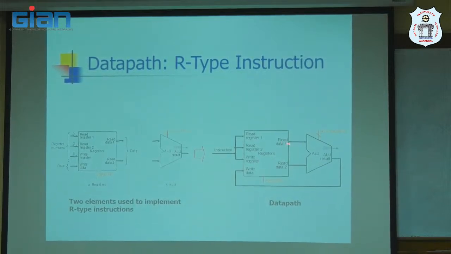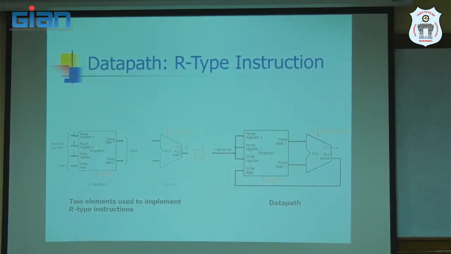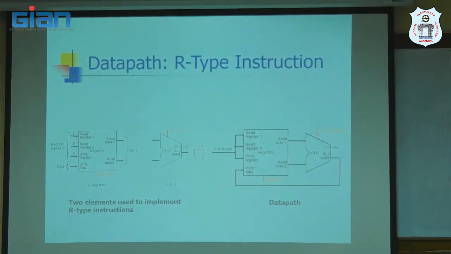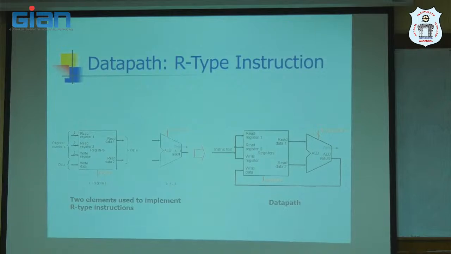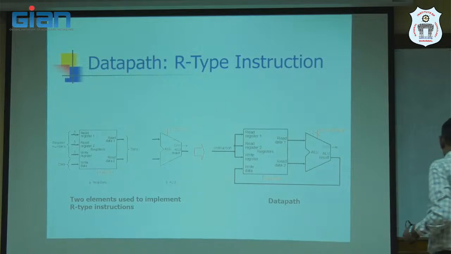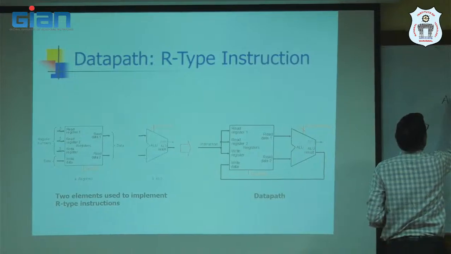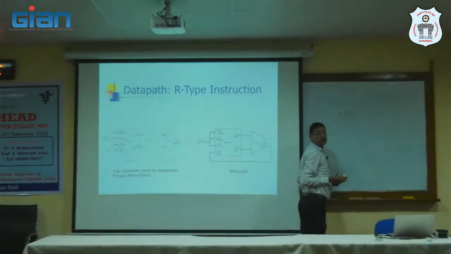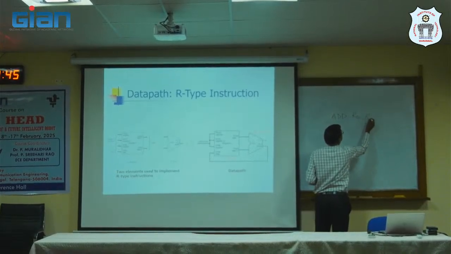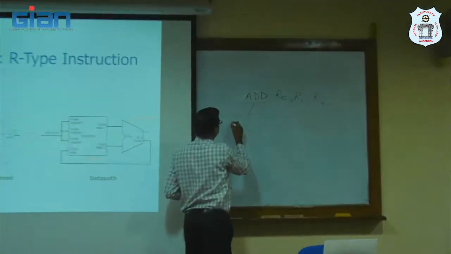We see the register file is connected to read ports, because for any instruction like an add instruction, we require 3 operands. For example, add R0, R1, comma R2. This we call a mnemonic.